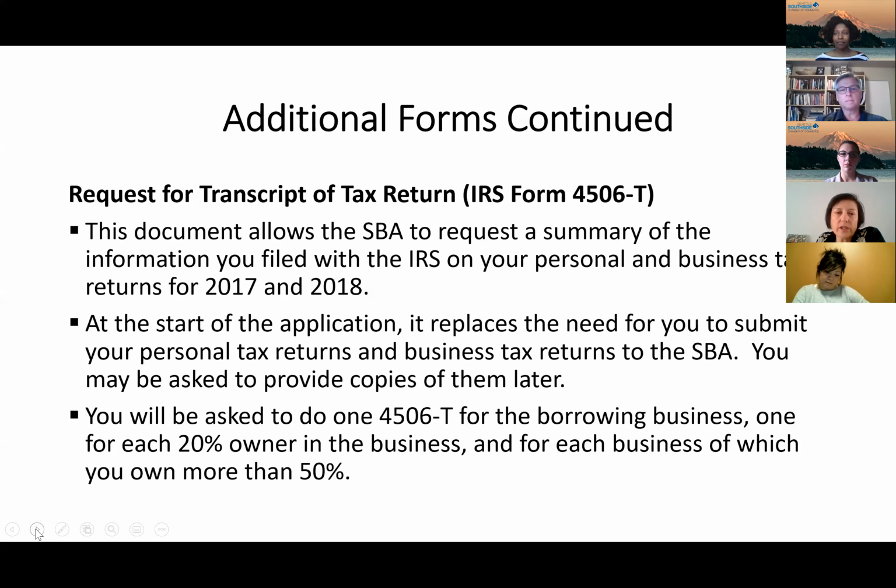The request for transcript of tax returns, which is actually an IRS form, affectionately known as the 4506T document. This document allows the SBA to request a summary transcript of what you have filed. The forms are pre-populated for 2017 and 2018 return information.